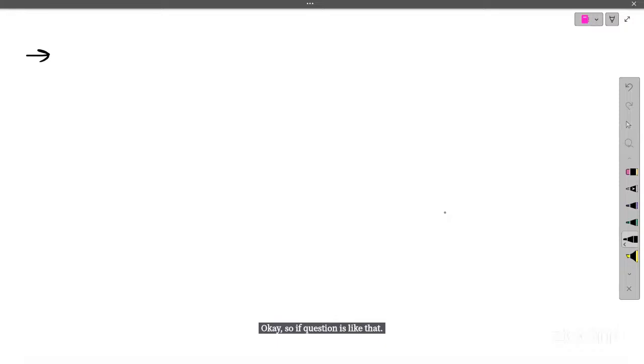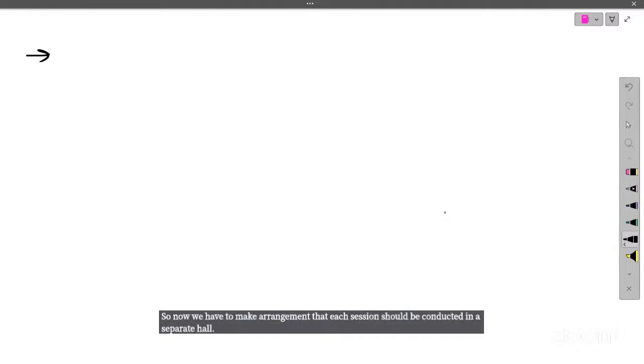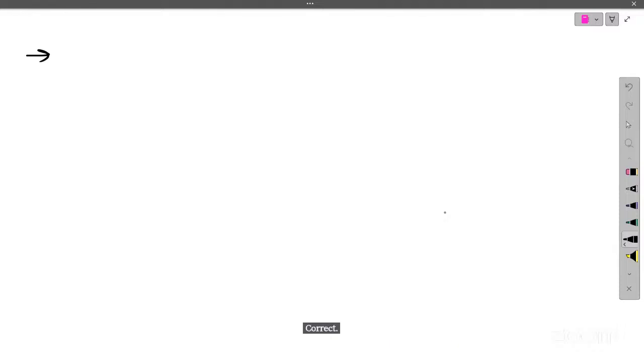So the question is like that. The organizer decided to model the graph where the nodes are the sessions and edges represent pairs of sessions with overlapping timings. Okay, fine. So now we have to make an arrangement so that each session is conducted in a separate hall. So the minimum number of halls is the question. Yeah, it's a coloring question. The answer is coloring, but I fail to understand why we cannot use independent set.